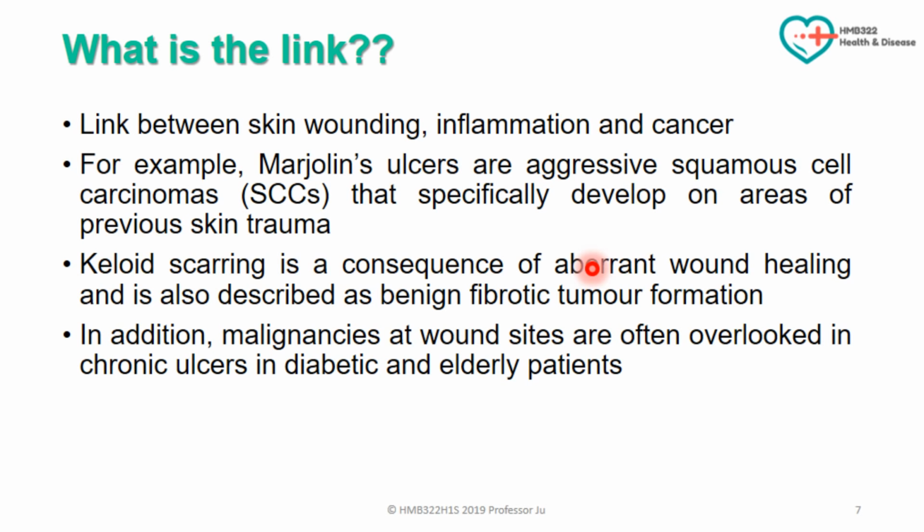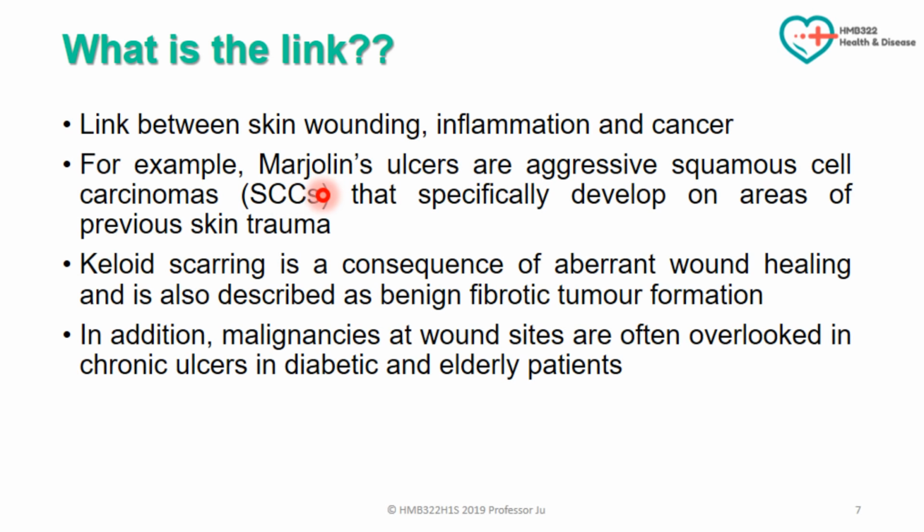So this link between having a wound on your skin, having some kind of inflammatory response that gets triggered as a result, and developing cancer is one of those hypotheses that has been out there for a little while. One of these, for example, that makes that link feasible and why this might actually work in practice is that if you look at that situation that I talked to you about earlier, some individuals have this propensity of developing what is known as Marjolin's ulcer.